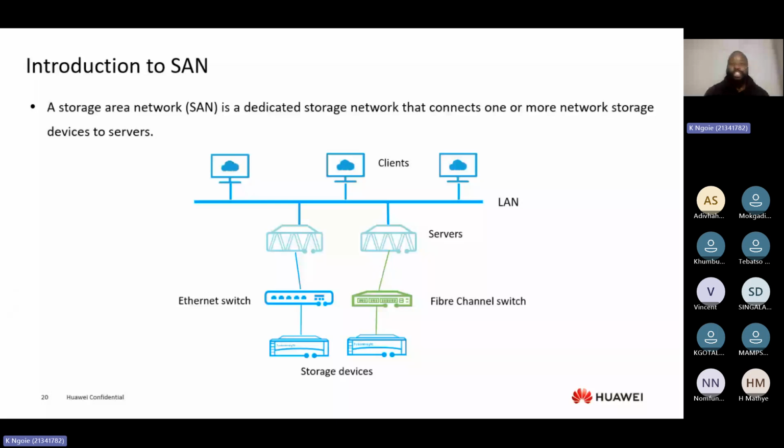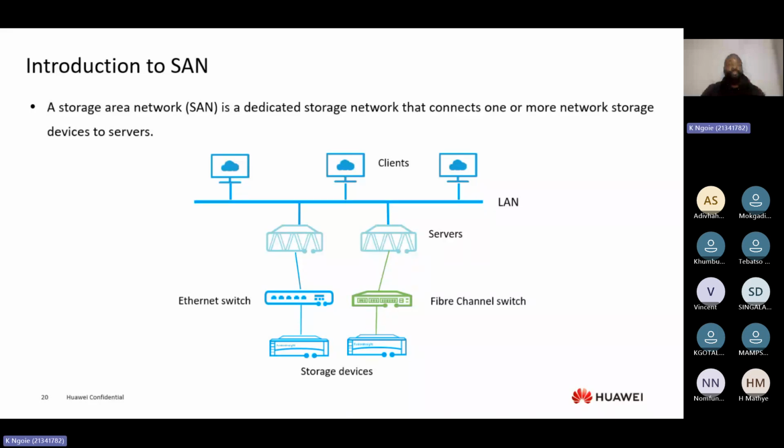The connection is done through fiber channel, or maybe over your IP network. It provides the storage as if it was just a local disk, and it's known for having very good performance. This can be used when we're dealing with big databases, virtual machines, and different applications.